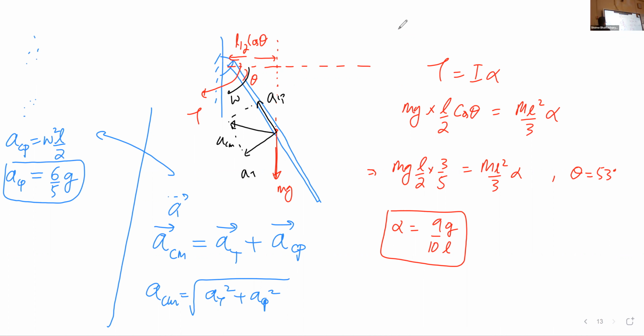And the tangential acceleration will be L by 2 alpha, and alpha we just saw, so it is going to become 9 by 20 g, in terms of g, I'm saying. So you can see it has a pretty large magnitude of acceleration. This component itself is greater than g, and this is a little less than half of g.